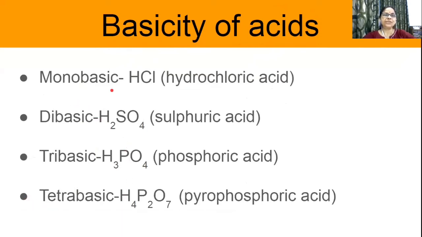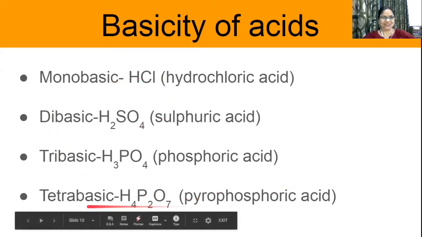Monobasic means it has one hydrogen, that means it neutralizes one OH minus ion. If it has two hydrogens, it will neutralize two OH minus ions. So this is the reason that it is called monobasic, dibasic, tribasic, tetrabasic, etc.